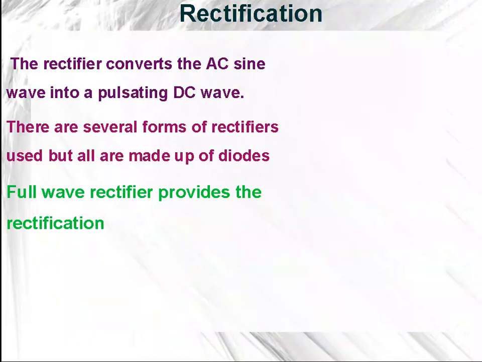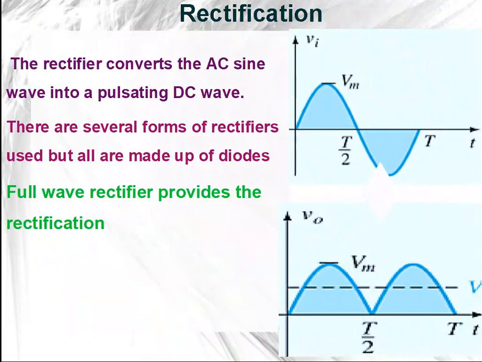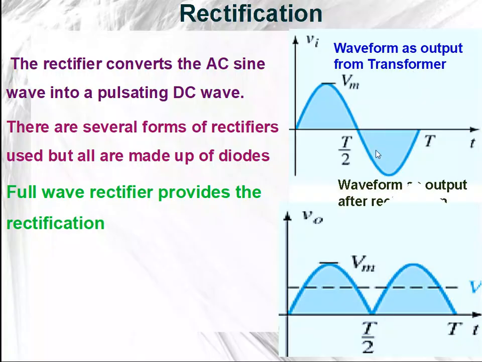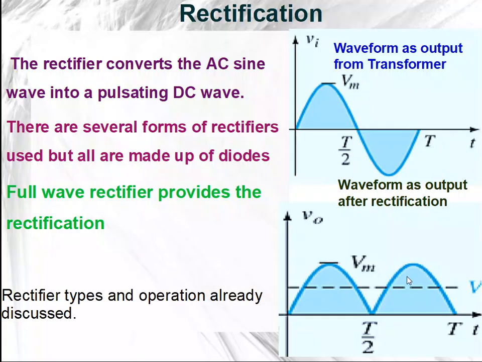The rectification of the circuit we already discussed in the previous part, and here you can see the waveform as output from the transformer. This is the positive half cycle and negative half cycle after reduction of the voltage, and then the waveform as output after rectification. That means the positive half cycle will come up, and we will get that in the output part. So the rectification is completed.